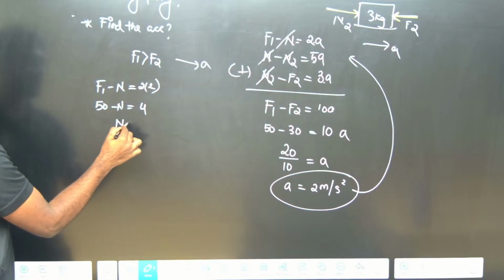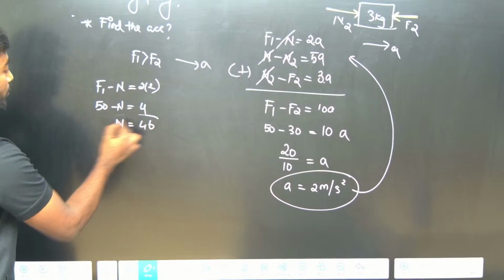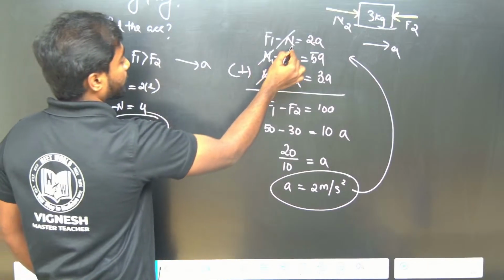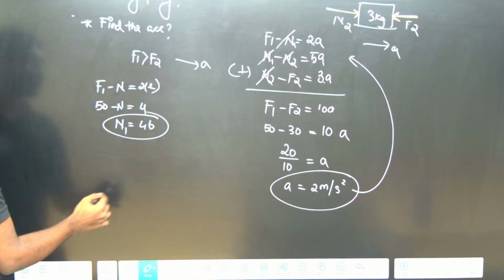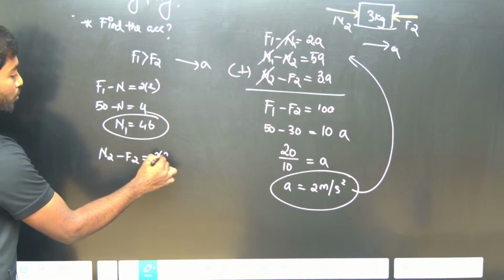So N1 will be equal to 46. What about N2? N2 minus F2 will be equal to 3 into 2. N2 will be equal to 6 plus 25, which is nothing but 31. So N2 is 31 Newton, N1 is 46 Newton.